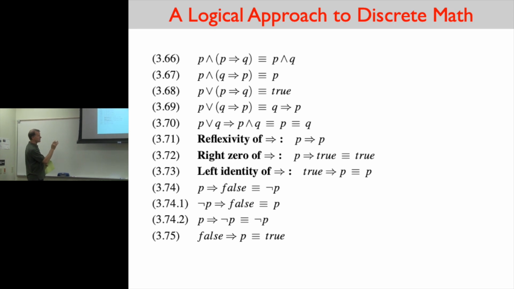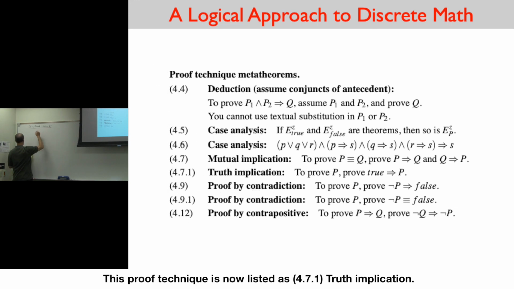I'm sure we've used it before, but let's review it. We're going to use the 3.73 proof technique. 3.73 says this: true implies P equals P is correct. Are you with me on this?